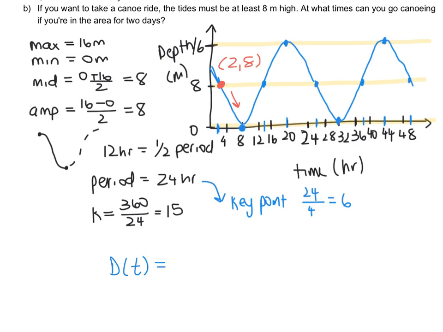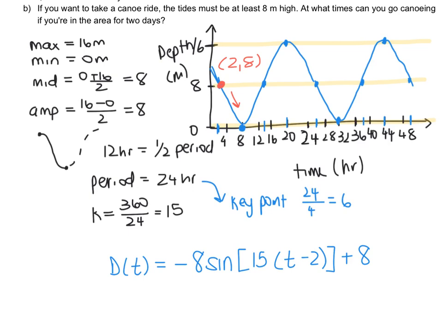So I'm going to have negative, and then my amplitude is 8. I chose sine. My k value is 15, and I do have a phase shift 2 hours to the right. So I will have t minus 2, and then plus 8 for the midline or central axis. So there we are. That is the equation.